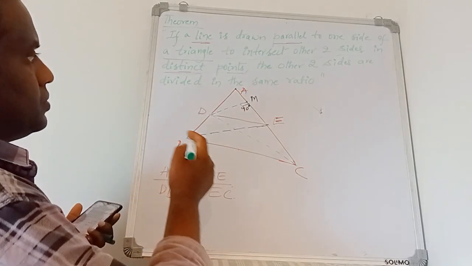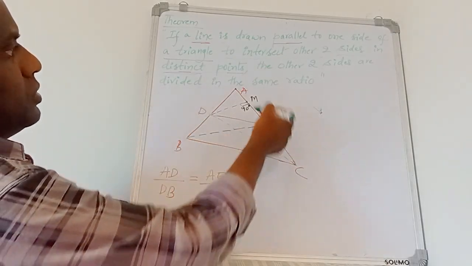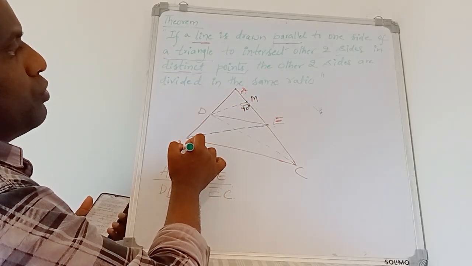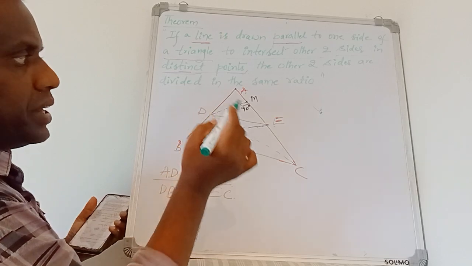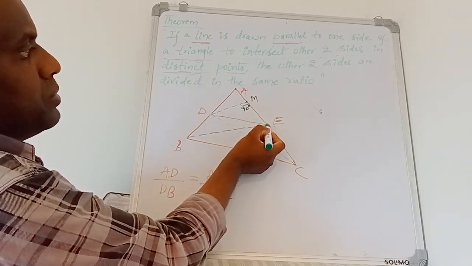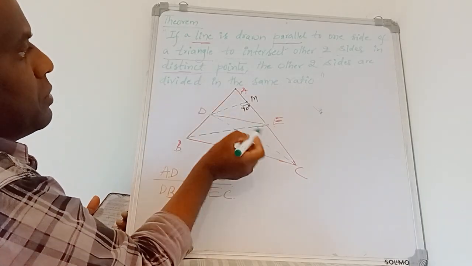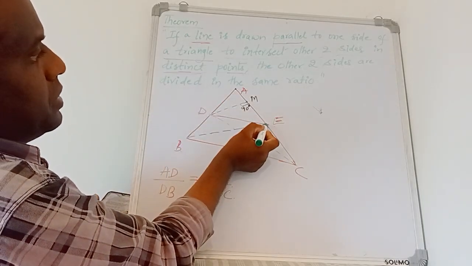Next, now consider this side AB. Now we have to draw a perpendicular line from E to this AB. So I am drawing a perpendicular line from here.